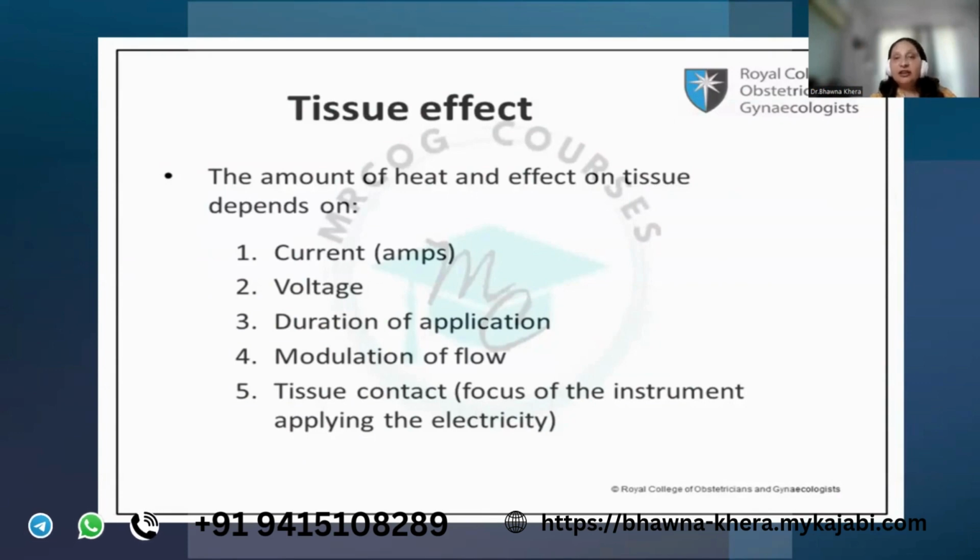Whether directly in contact, whether there is slightly away, and how much area is in contact is also important. So why we are reading this, because this is important to know what type of diathermies are applicable for what applications and what we can expect and how we can safely work with the diathermy.